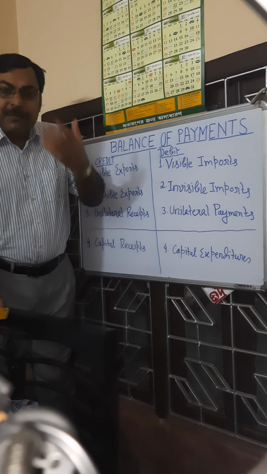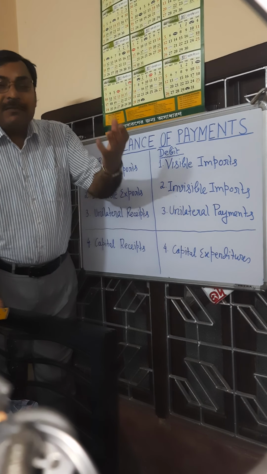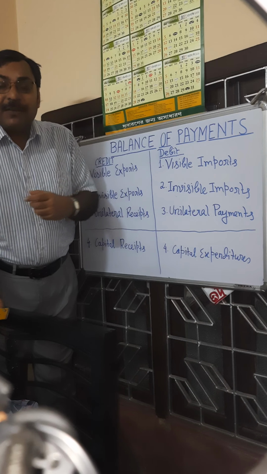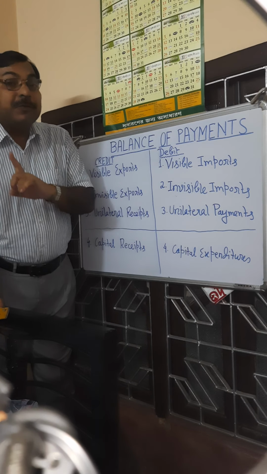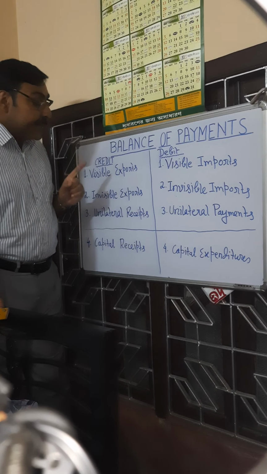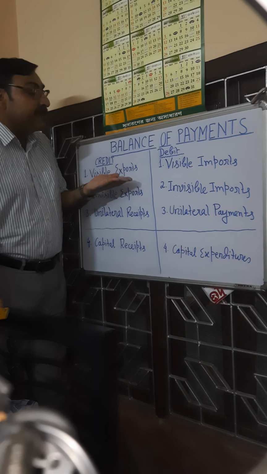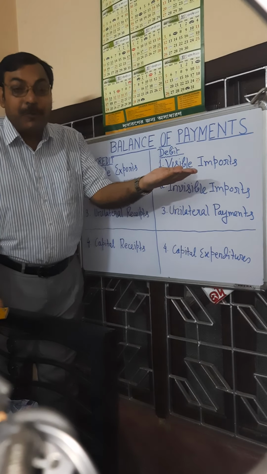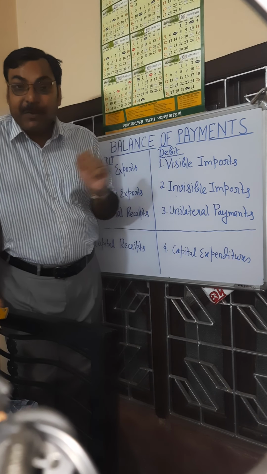Many invisible items, invisible exports and imports are also there, but invisible exports and imports are not a part of balance of trade. Balance of trade refers to the balance of visible exports and visible imports in one accounting year. Item number 1.